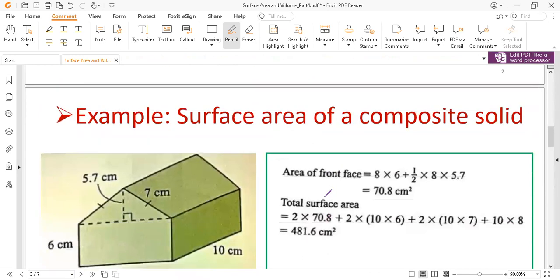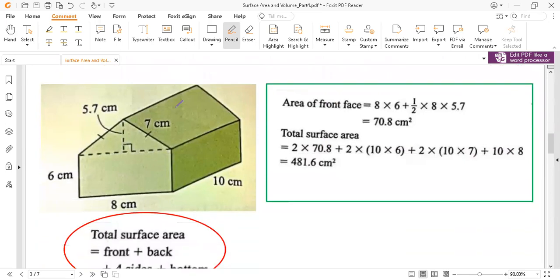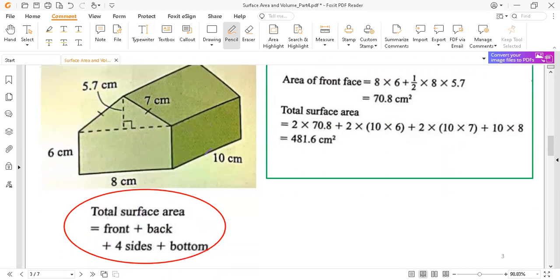Let's have an example to illustrate what we mean here. So we have a composite solid. We all agree that this 3D shape is a solid, and it is a composite one, because if we cut it, or split it, into the bottom and the top, we will obtain two simpler solids: a rectangular prism, and a triangular prism on the top.